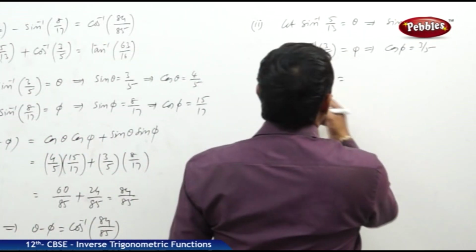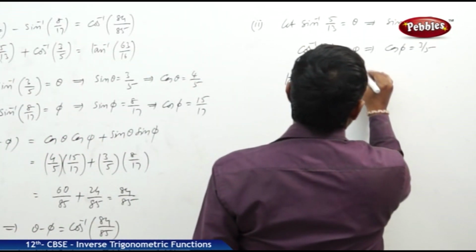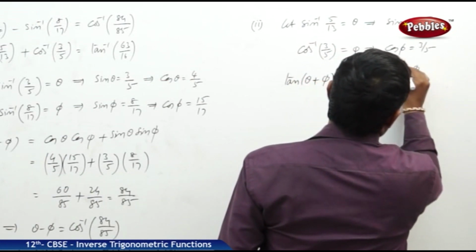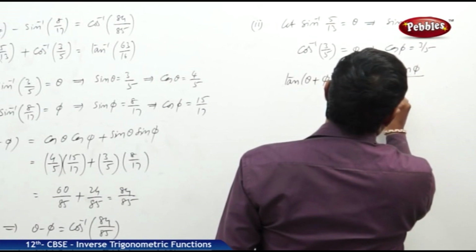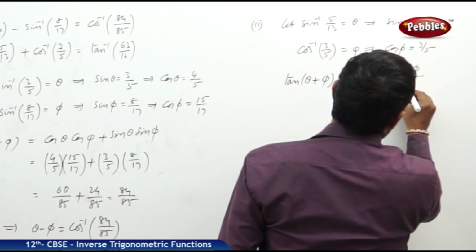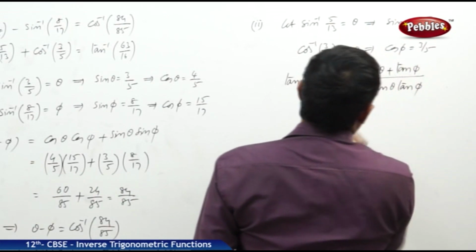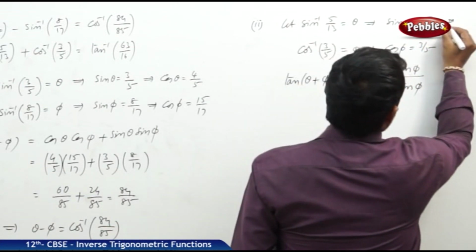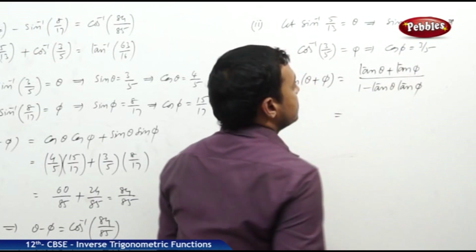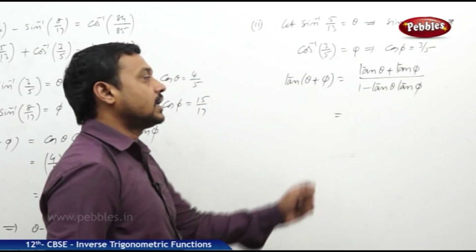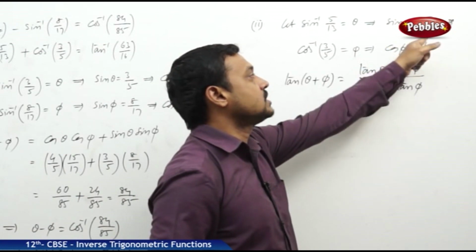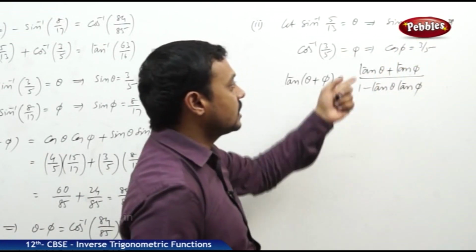So by that formula we can write tan of theta plus phi as tan theta plus tan phi, whole divided by 1 minus tan theta tan phi. What is tan theta? It can be derived from sin theta. Since sin theta is equal to 5 by 13, that means in a right angle triangle 5 is the opposite side, 13 is the hypotenuse. What is the adjacent?